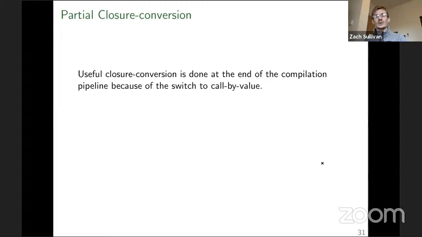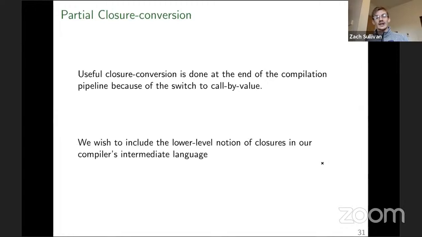If we want to do this in our intermediate language where we know how to do optimizations, then we need to be able to lift the idea of capturing a closure into our intermediate language. And this is the idea of partial closure conversion, where the notion of closure, which is low level, will be incorporated into our intermediate language, which is lazy. So there's a conflict of evaluation strategy here.